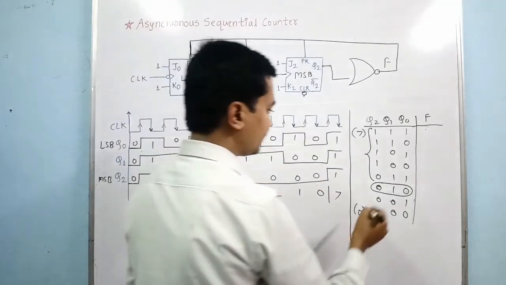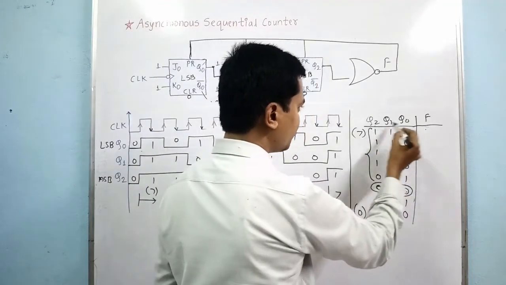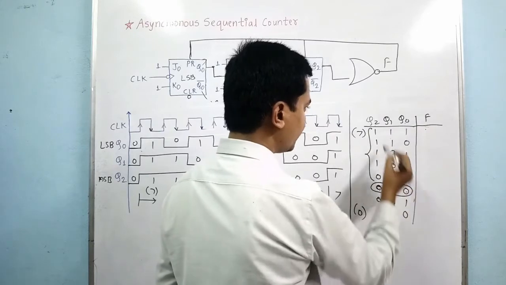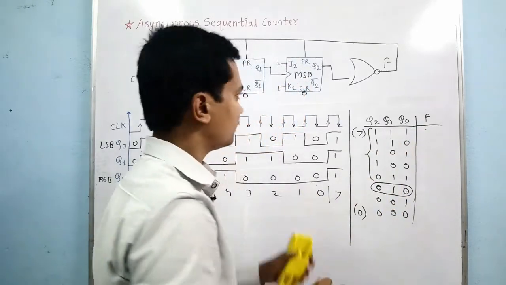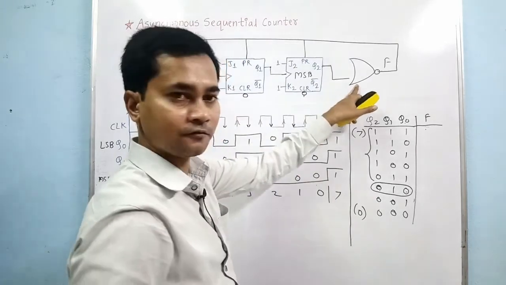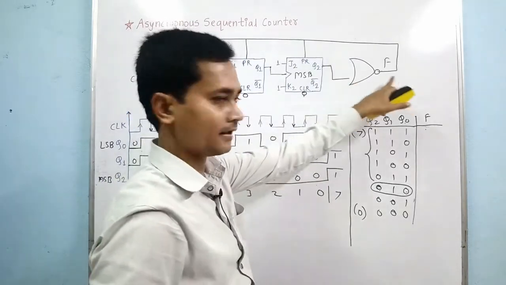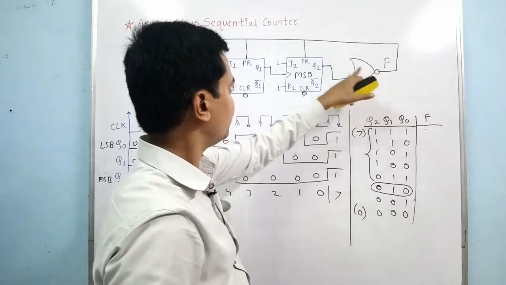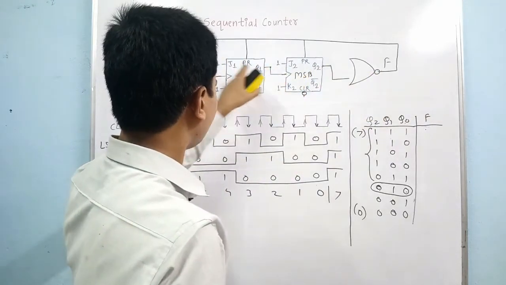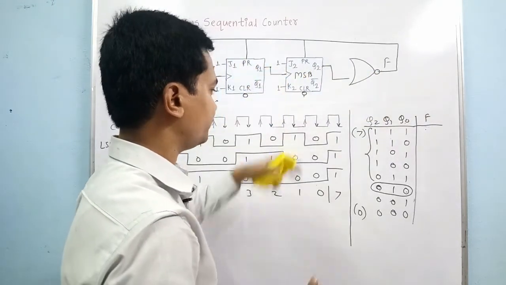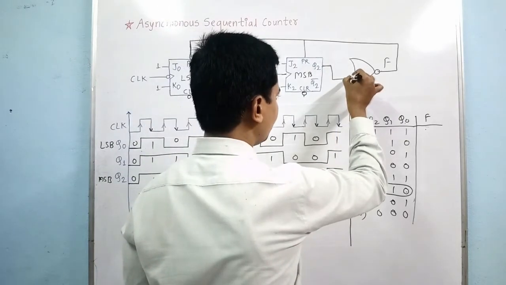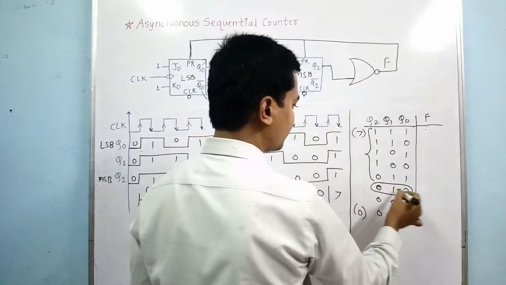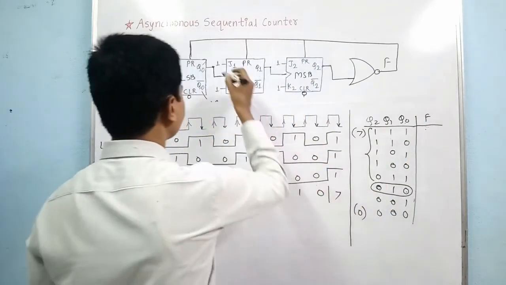We have to test here only Q2 and Q0. So when both Q2 and Q0 outputs are 0 0, the NOR gate output will go high, which will set all the outputs of the flip-flops to 111. So Q2 is checked and also Q0 is checked.